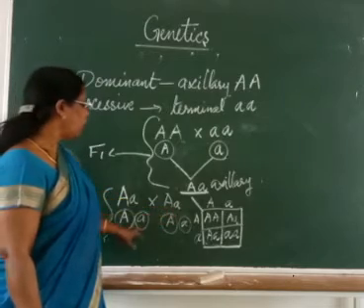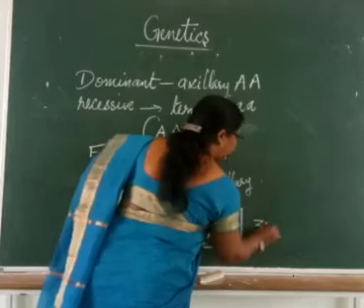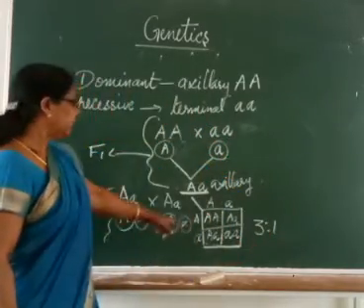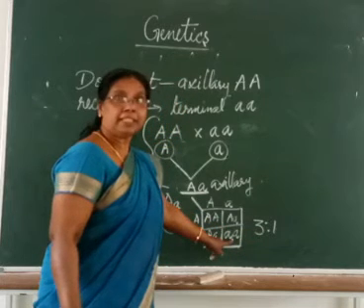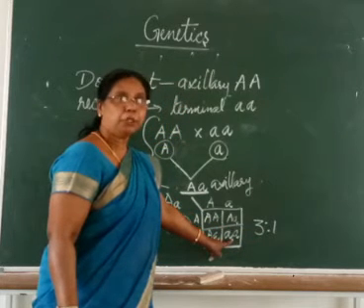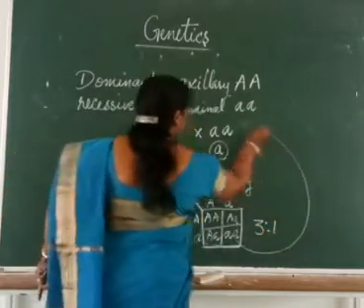But in the offspring, you can see a 3:1 ratio. Three axillary flower plants, whereas one terminal flower plant is produced.